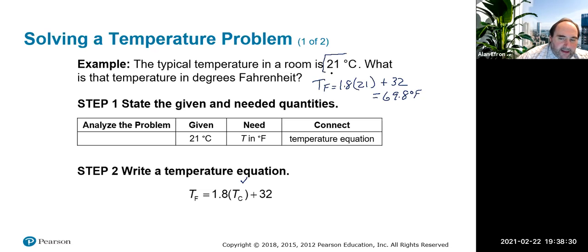Again, we go back to our original number here. It is a whole number. So we would want to round this to 70 degrees Fahrenheit. Any question on that particular conversion there?